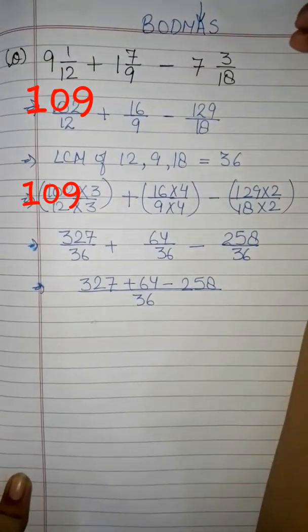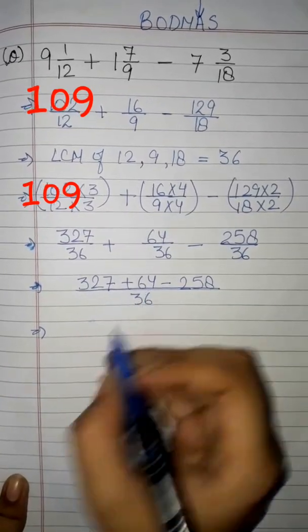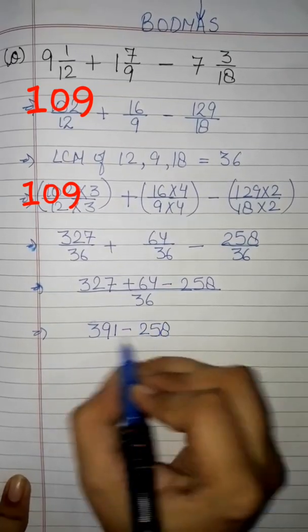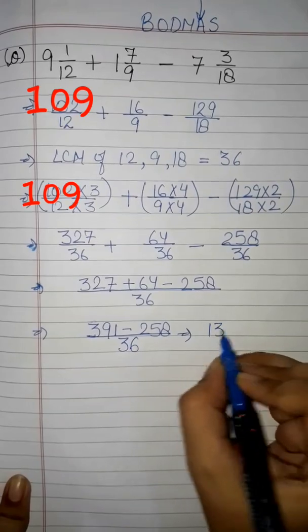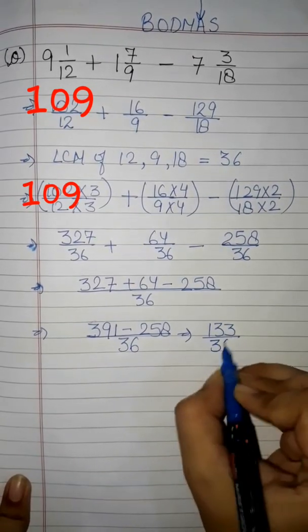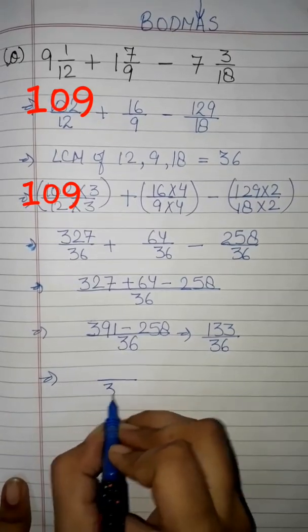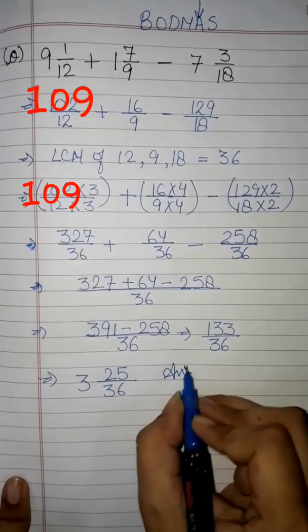We will do first addition. So when you just add 327 plus 64, you will get 391 and minus 258. Denominator 36. So you will get 133 by 36. Now again it is improper. You can change into mixed. When you will divide, you will get 3 quotient and 25 remainder. This is your answer.